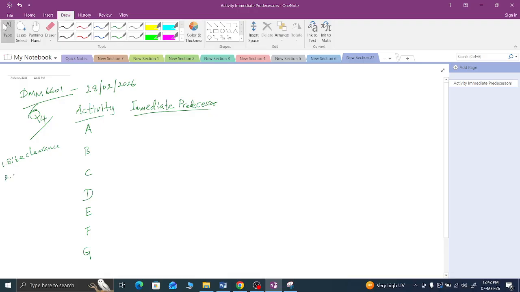After that we do the excavation for foundation. So after site clearance only; this is the dependency. Excavation depends on site clearance.